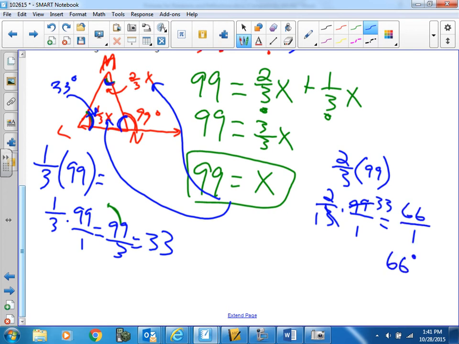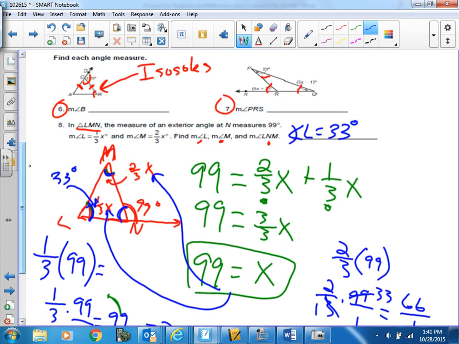So 66 degrees for angle M. So the measure, let me write measure, will be consistent. So the measure of angle M equals 66 degrees.